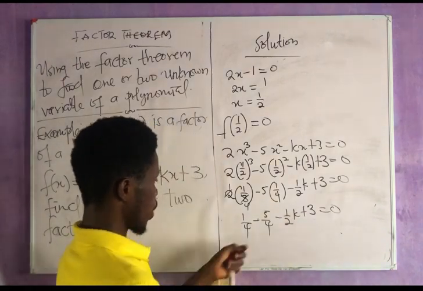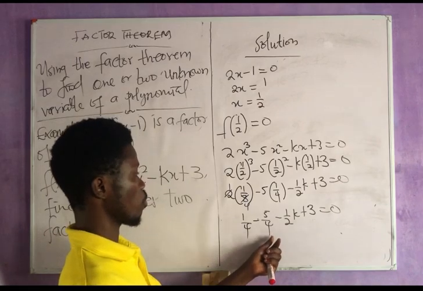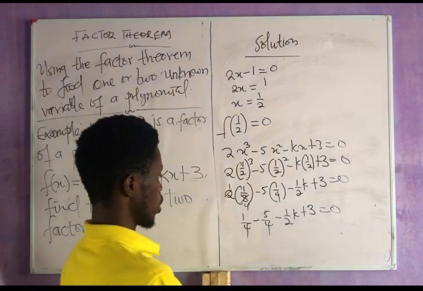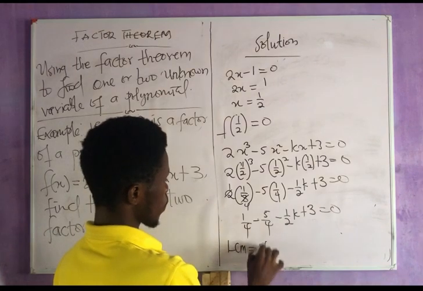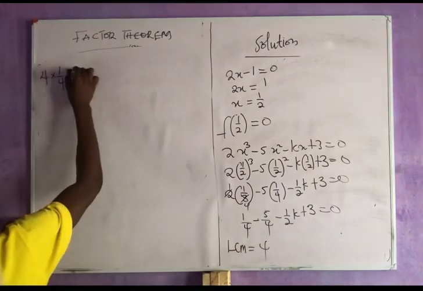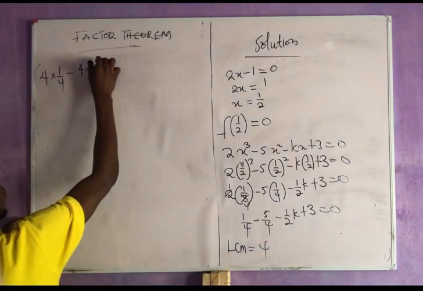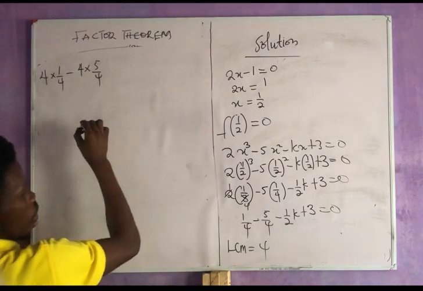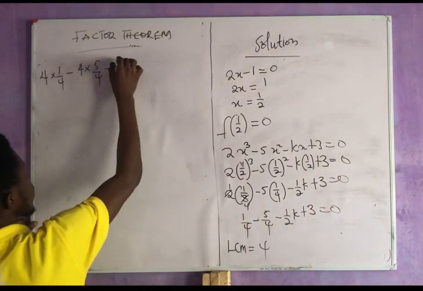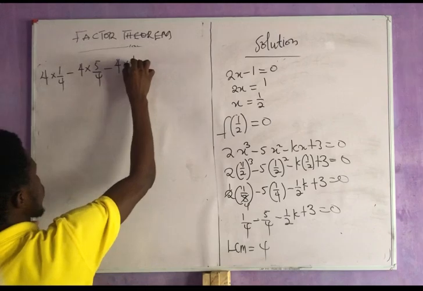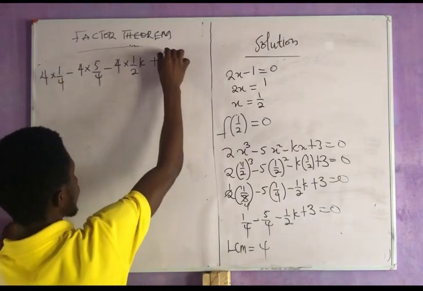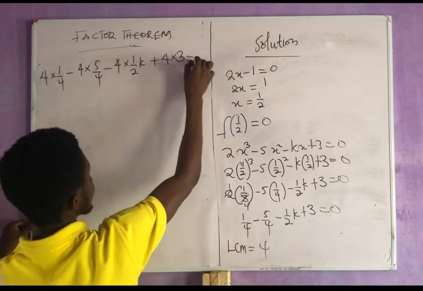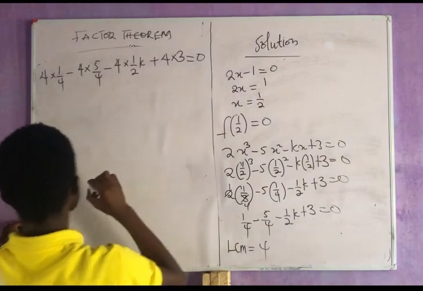So now let's try to find the LCM. The LCM of 4 and 2 is 4. Multiplying through: 4 times 1 over 4, minus 4 times 5 over 4, minus 4 times 1 over 2k, plus 4 times 3 equals 0.